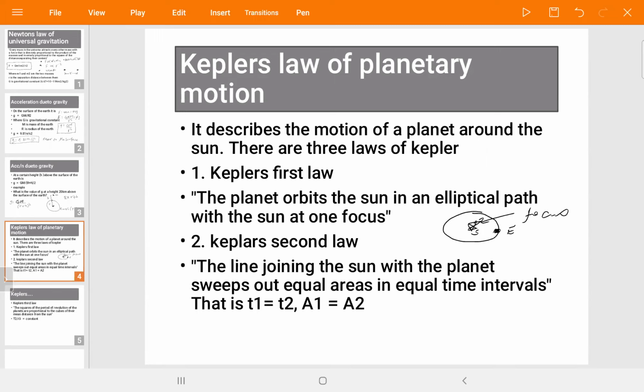For example, if they take 1 month to cover a certain area for Earth, then in 1 month the Earth will cover an equal area despite its closeness and farness. Therefore, the area will be related with the time interval.